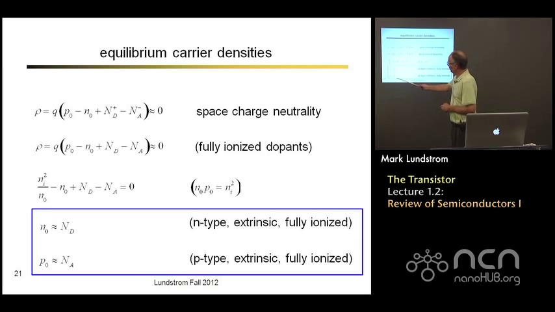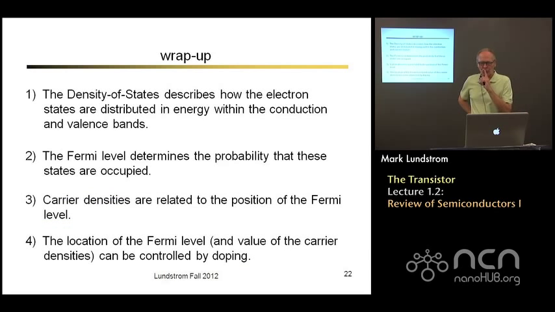And the number of holes in the valence band is very nearly the number of boron atoms that you put in the semiconductor crystal. So it makes it very easy for us to control the density of electrons in the conduction band and holes in the valence band.